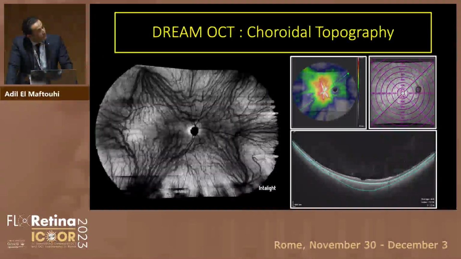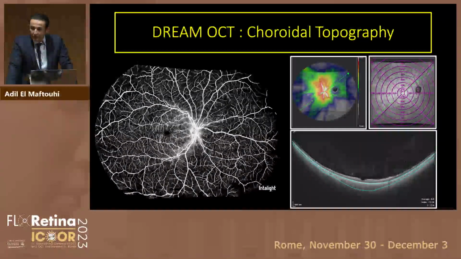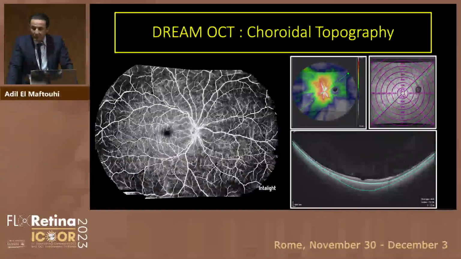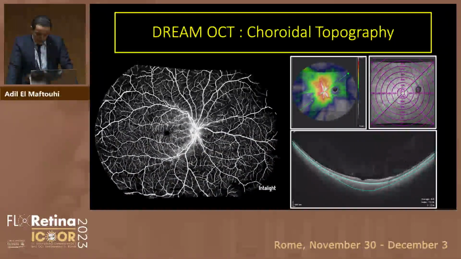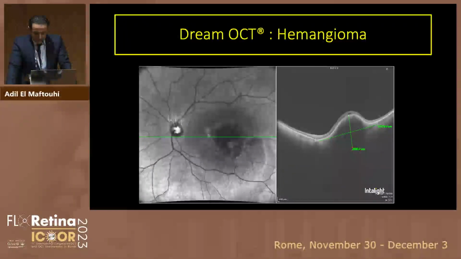We can also obtain a very nice and easily choroidal topography with a structural en face OCT, and you can also have mapping, as already said, and you can analyze very easily choroidal hemangioma.